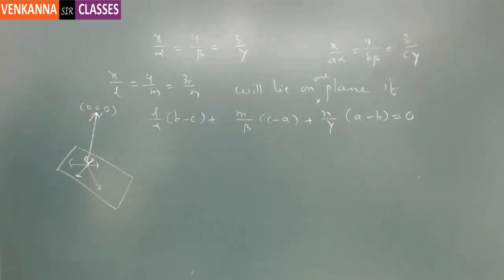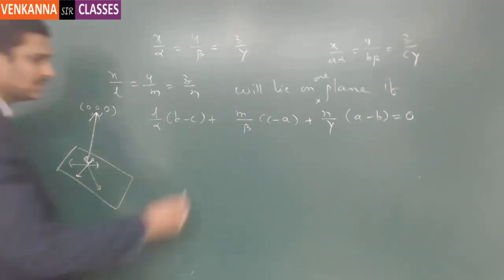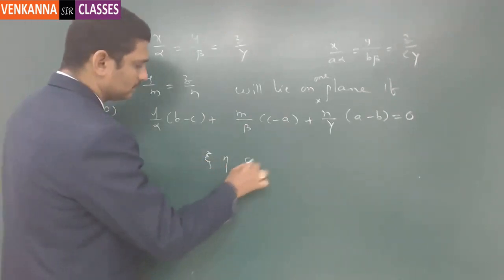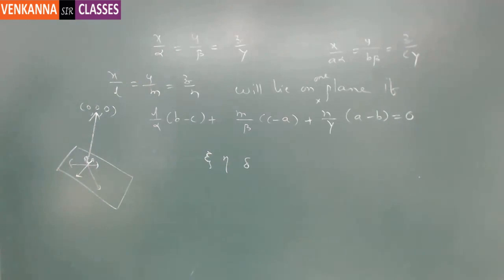So I am considering a line which is passing through the origin and perpendicular to the above three lines. In other words, the line acts as a normal to the plane, where the plane contains all the given three lines. If you write the line equation, numerator values are 0, 0, 0, the point is 0, and let us assume the DCs of that line are, for our convenience, zeta, eta and delta.